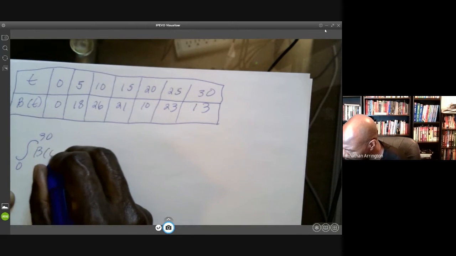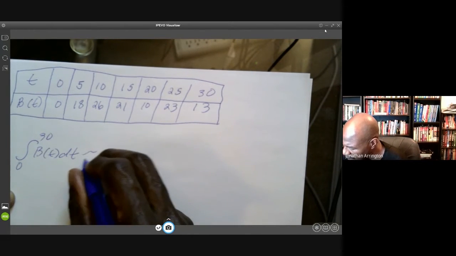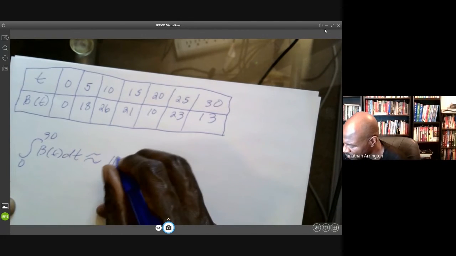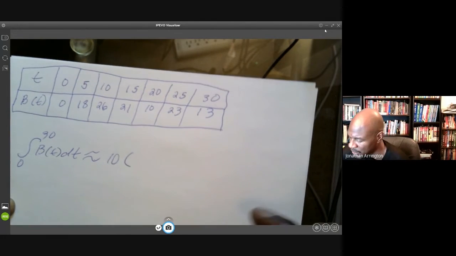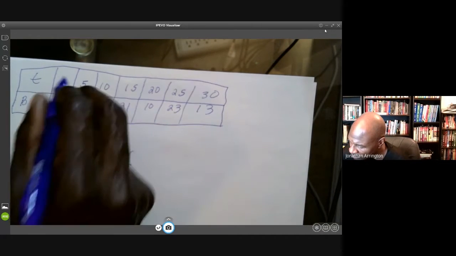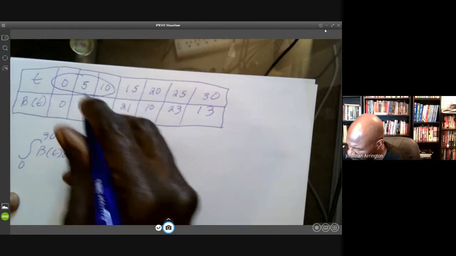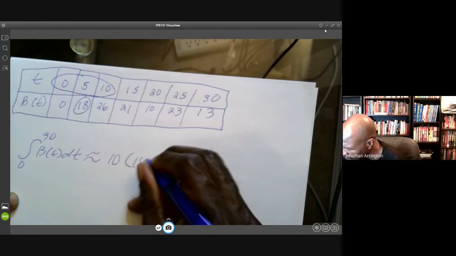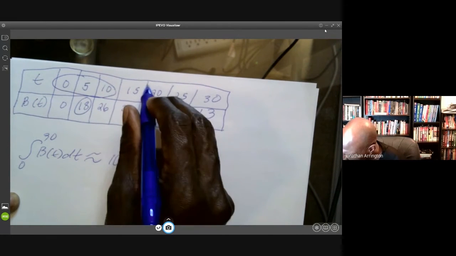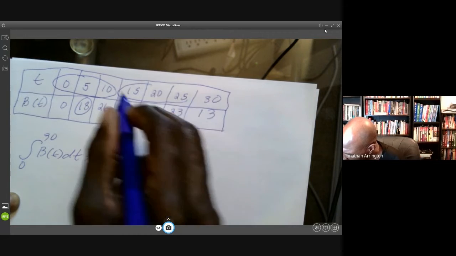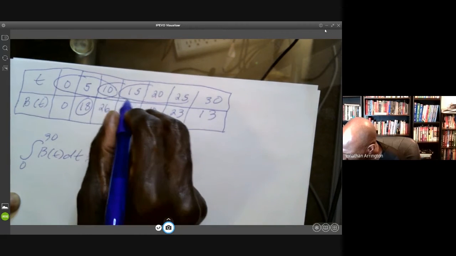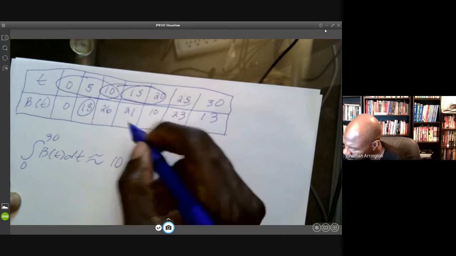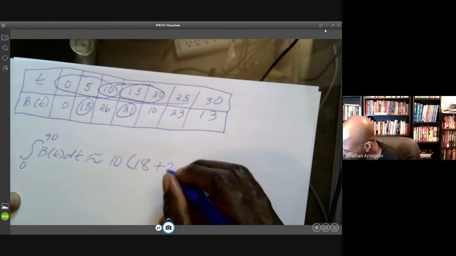The function is b of t dt. So since each width is 10, I can just do 10 times, because each one's going to have a width of 10. So again, for my first subinterval, I use the midpoint, and so I'm going to have 18. For my second subinterval, 10 to 20, I use the midpoint, and so that's going to be 21.